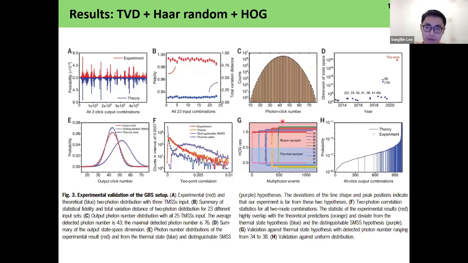And the mean photon number is a little more than 40, even though you input 100 states. So that means the photon loss rate is more than 50% at the time being. And I believe it is still not that high even 5 years later. So actually, photon loss is a critical problem in Gaussian boson sampling experiments.